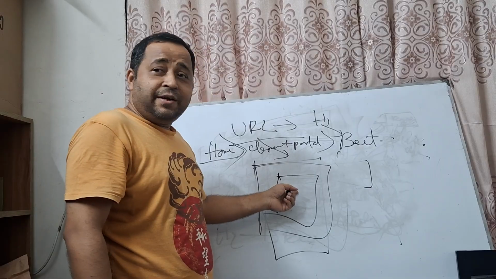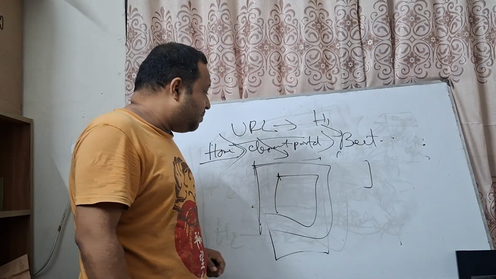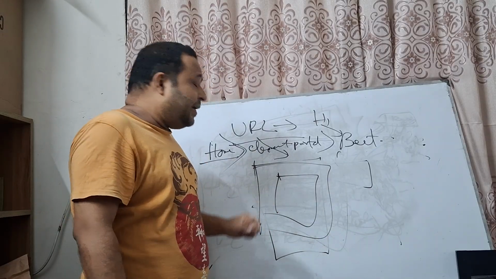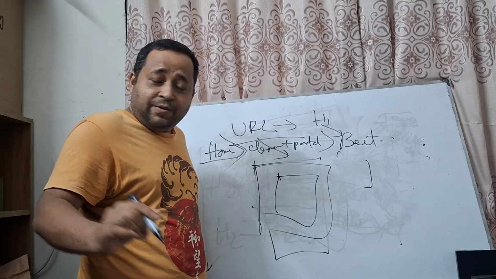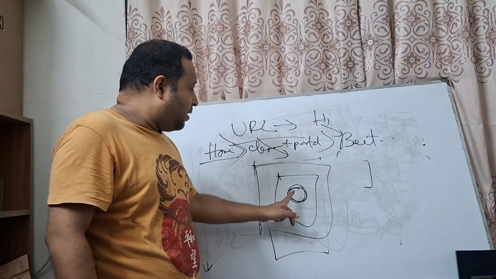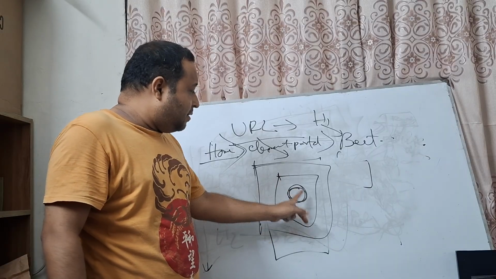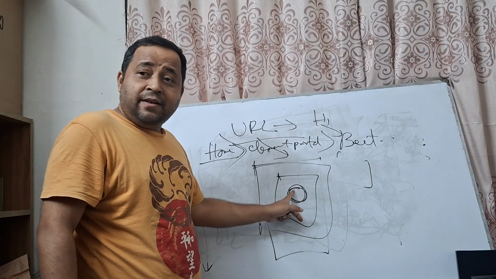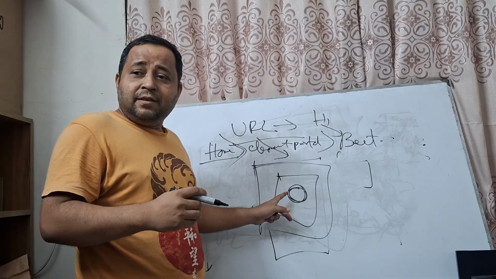And there is another thing. Say this is an 800 by 800, or 1000 by 1000 image. Say the health benefits of amla, right? There is a main element.